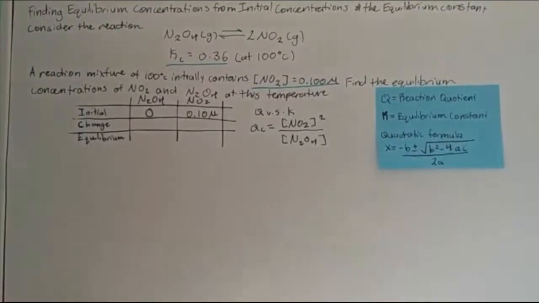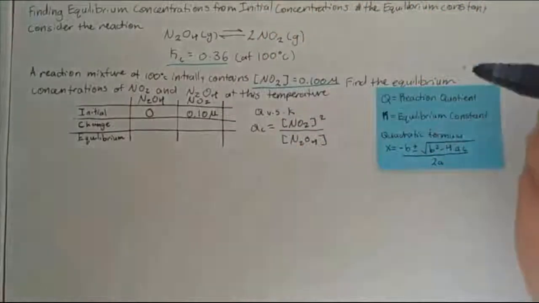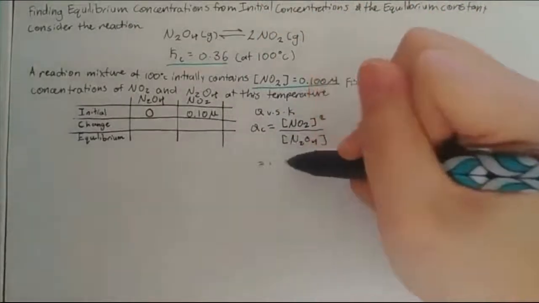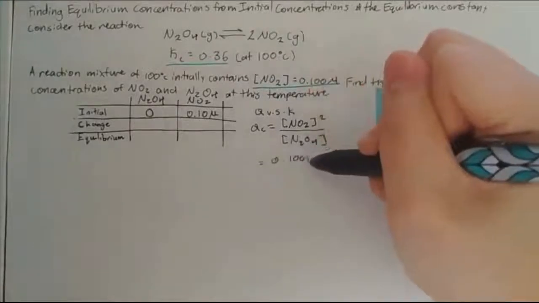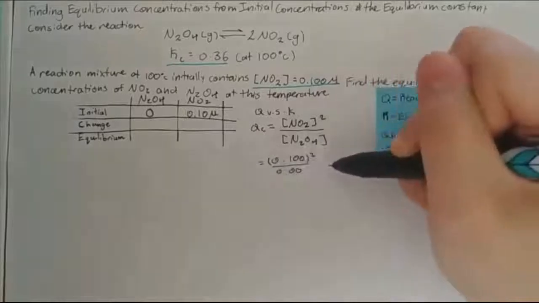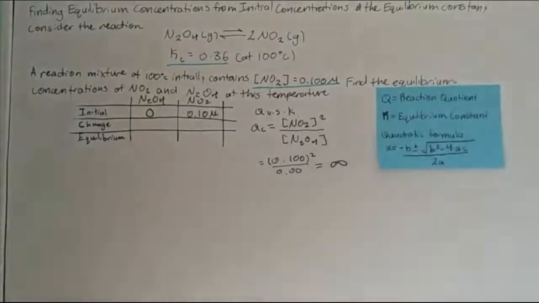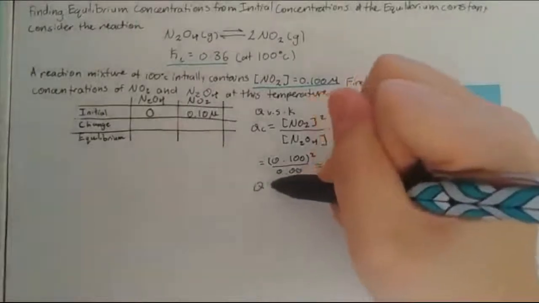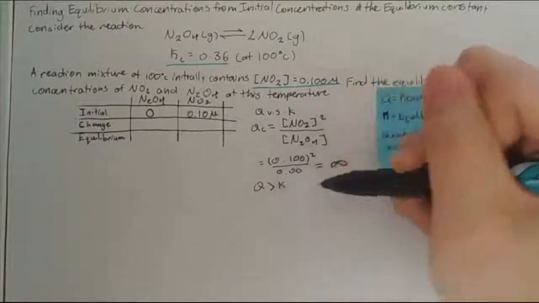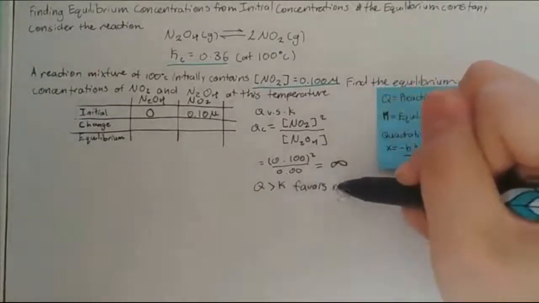And then we just plug in the values from the first row into this equation. This is essentially infinity because it's all over 0. Therefore, our Q is greater than our K, so our reaction favors reactants.